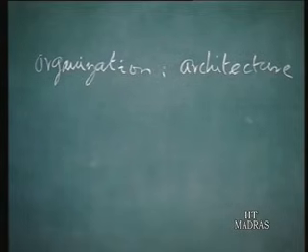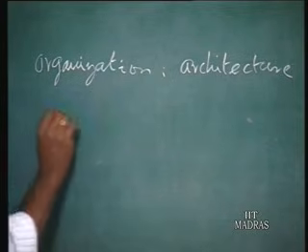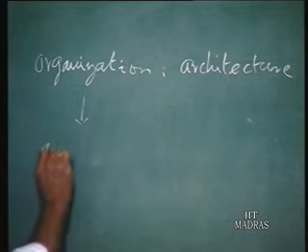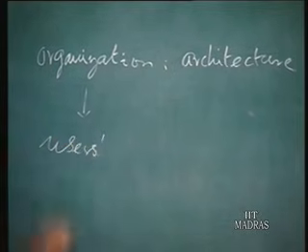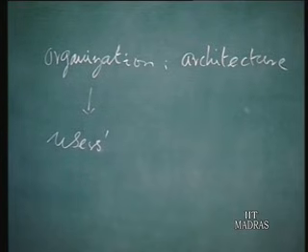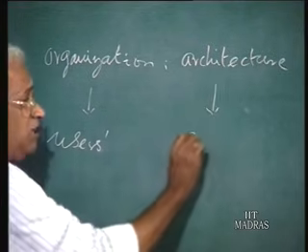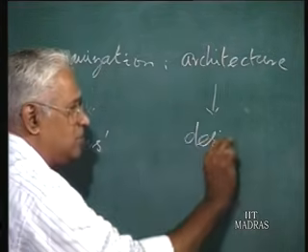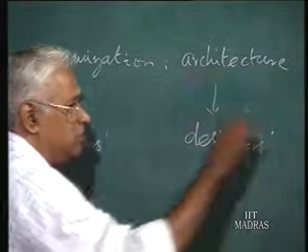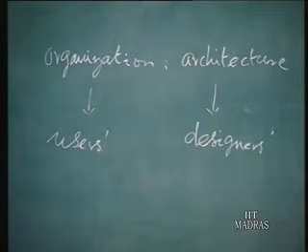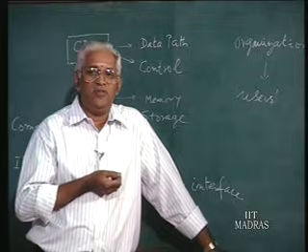We can study a computer system either from the user's point of view or from the designer's point of view. Good. I think these two different viewpoints really hold good with any system, is it not?